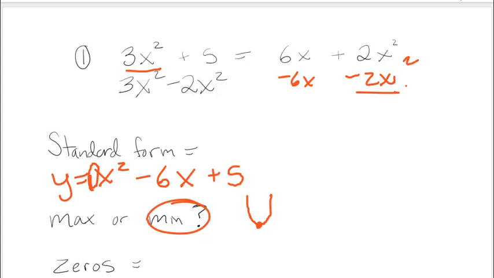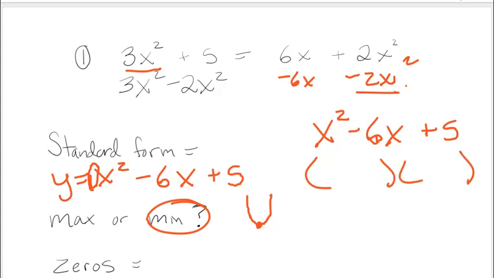Now to find the zeros, if you are strong with factoring, I'm going to quickly go over factoring, then you can use factoring to find zeros if it can be factored. If it can't be factored, I'm going to have some other options for you in other videos. So you may recall when you are factoring a trinomial, you set up 2 sets of parentheses, and you want to think, what can I multiply to get 5, and what can I add to get -6?